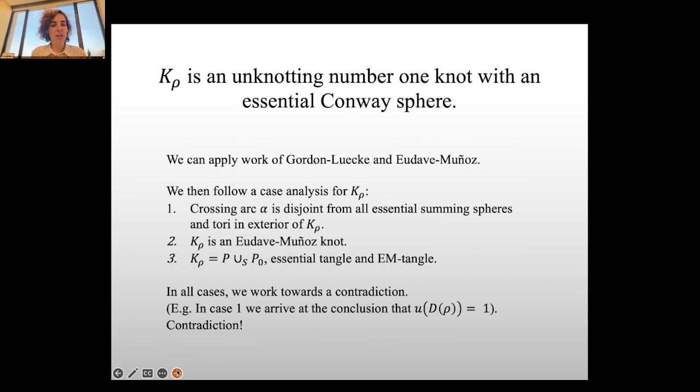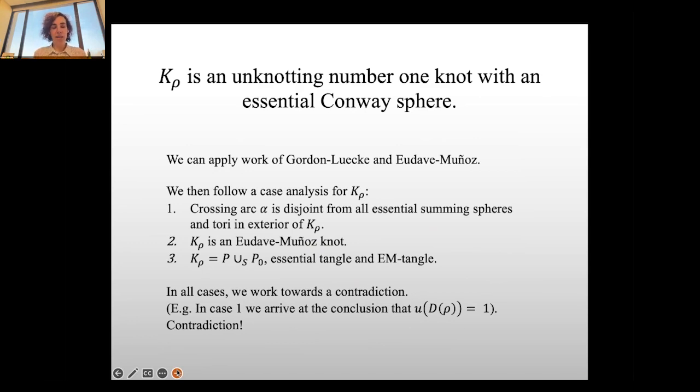We either have that the crossing arc of interest is disjoint from all the essential summing spheres and tori in the exterior of K_rho, or K_rho takes on a special form. It is what is called an Eudave-Muñoz knot, and it has a particular structure, or it can be written as the union of 2 tangles, an essential tangle and then an Eudave-Muñoz tangle.